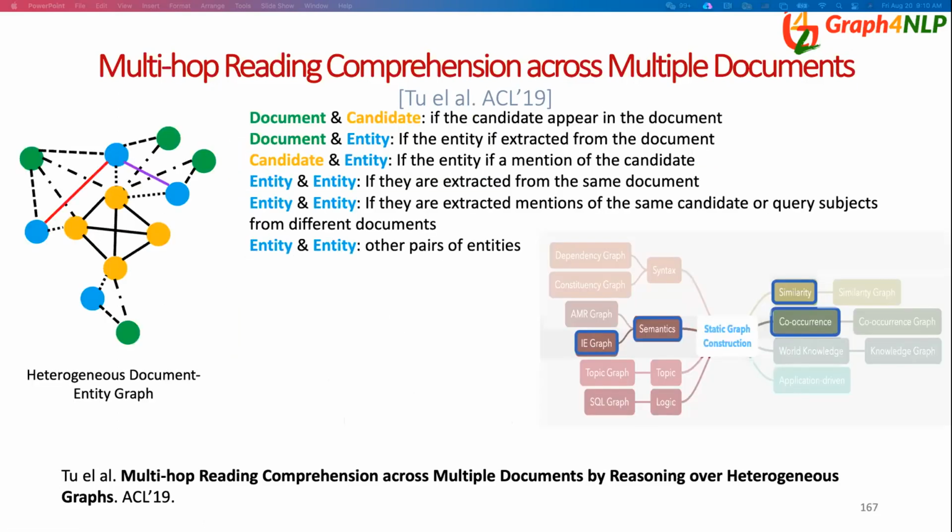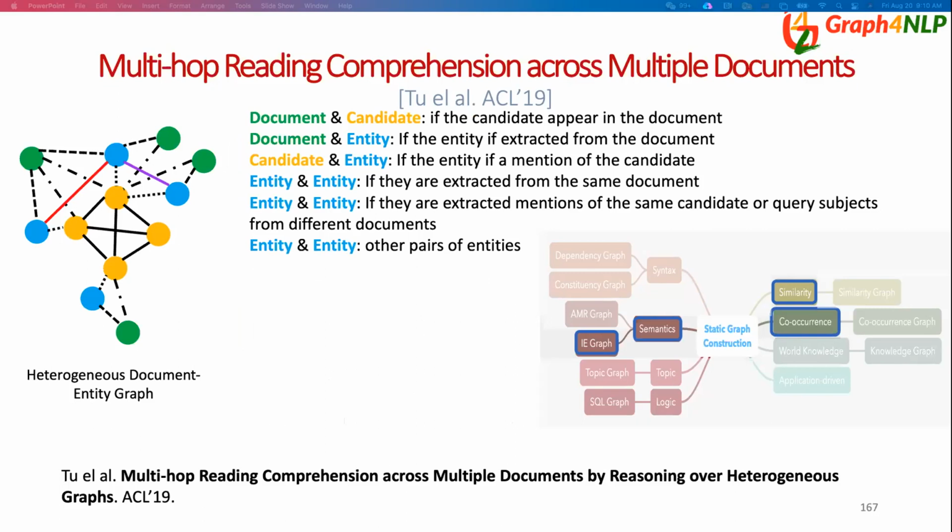In addition, you can see from this example graph the three kinds of nodes rather than just one type. So we have document nodes, candidate nodes, and entity nodes, and also additional types of edges compared to the work we just described earlier.